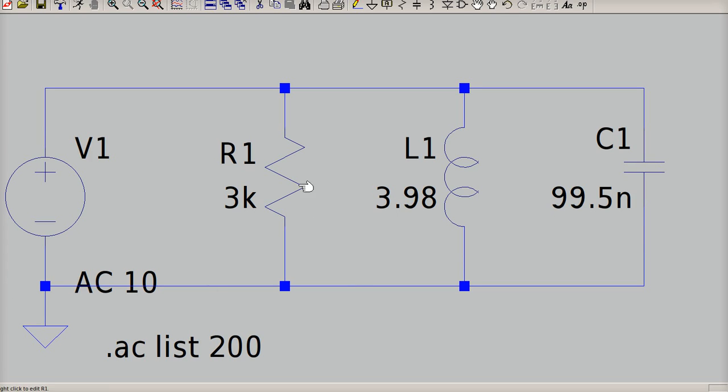Now, instead of everything being in series, I put everything in parallel, same values. And so what we want to do is find the current coming out of the source here. Since this is a parallel circuit with three components, you can find the individual currents, because you know you have a 10 volt drop, a 10 volt drop, and a 10 volt drop, and then add those currents up.